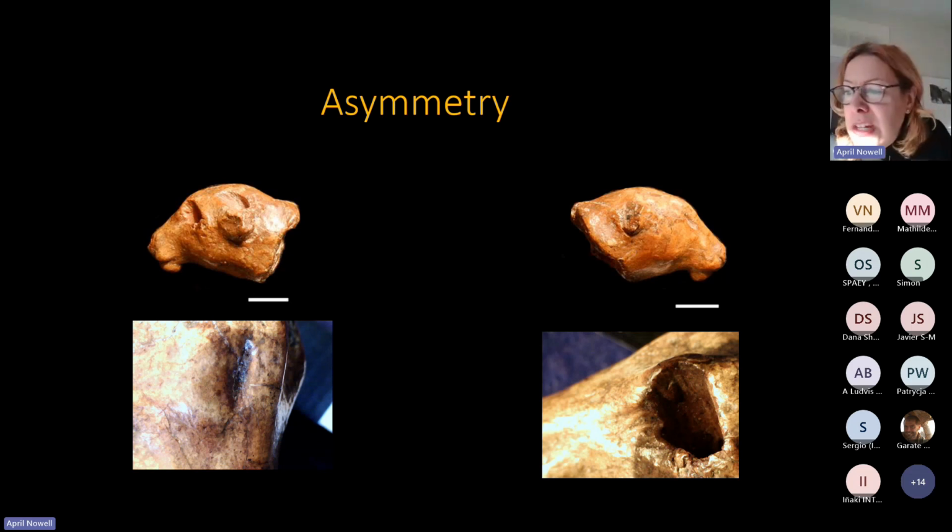And if you look, the ears are also completely different. So it shows that there's a lot of experimentation going on, even in this single lion's head. And it shows that the symmetry of form, so to have both sides being identical, really wasn't a priority for people for this object, or we would argue for this material.